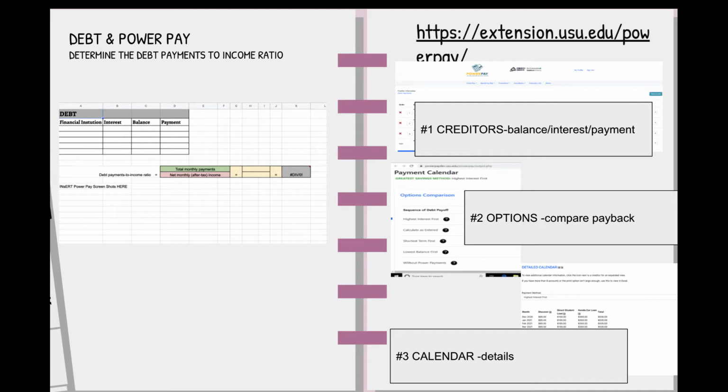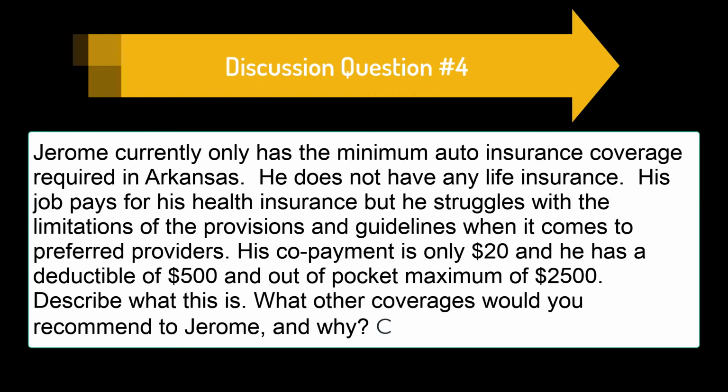Once you enter the information, you'll need a screenshot of the creditors, the options. Are you going to pay back the smallest amount first, the highest interest first, and then whichever one you choose, the detailed calendar.